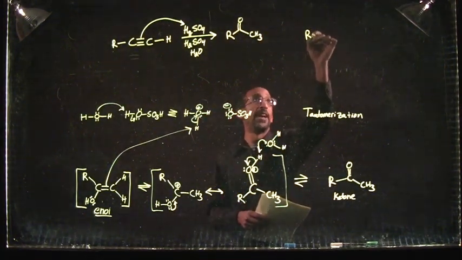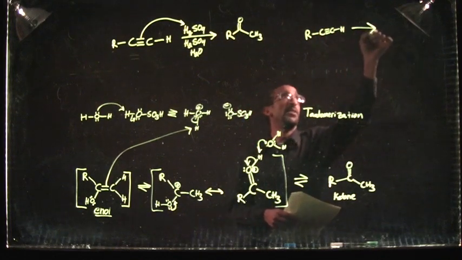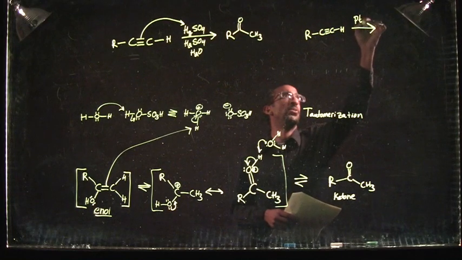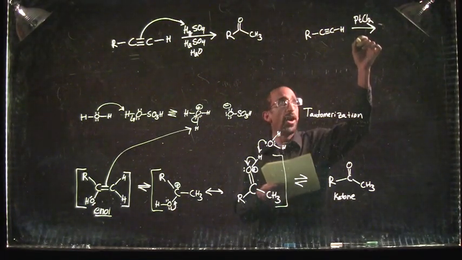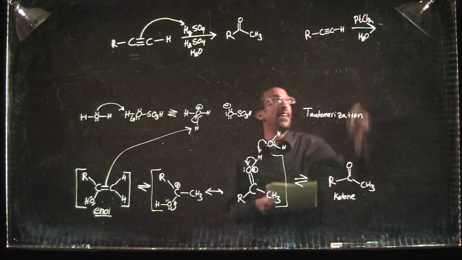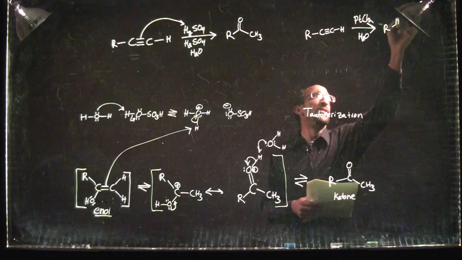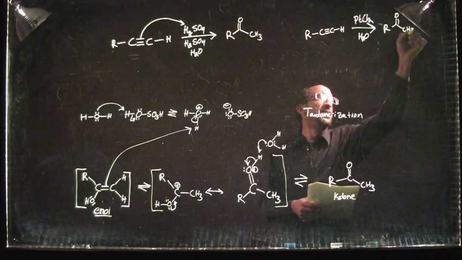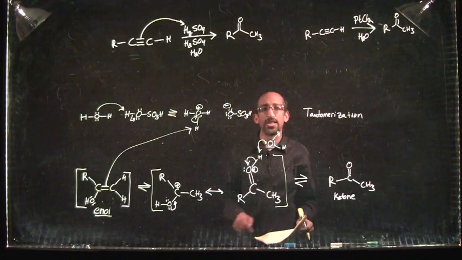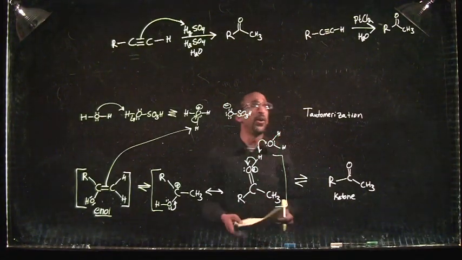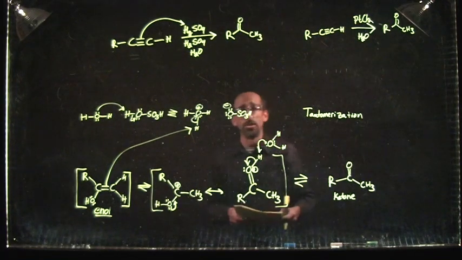You can begin from an alkyne and use platinum chloride and water, and this will also add across the alkyne to give you a ketone. I'm not going to go through this mechanism, and I'm not going to expect you to be able to produce it, but you should be aware that this set of reagents, when treating an alkyne, will also produce a ketone.